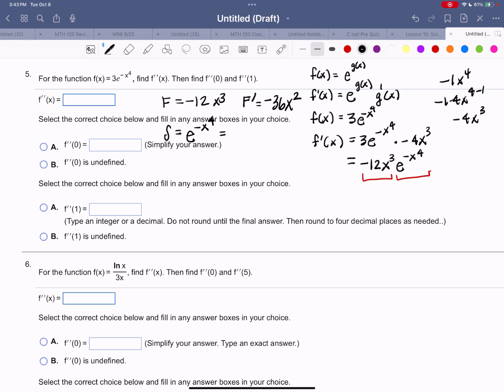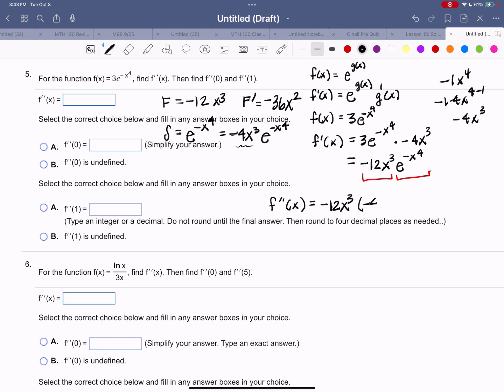So that's what we got. Look, when we did e to the negative x to the fourth before, we're going to get negative 4x third e to the negative x to the fourth. Right, because that's your chain rule, that negative 4x to the third. So I'm going to assemble. F second derivative is the first, negative 12x to the third, times the derivative of the second.